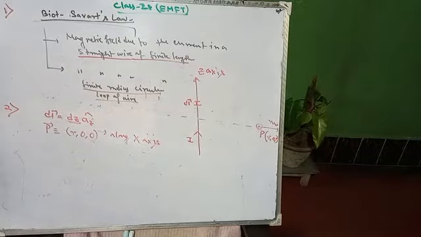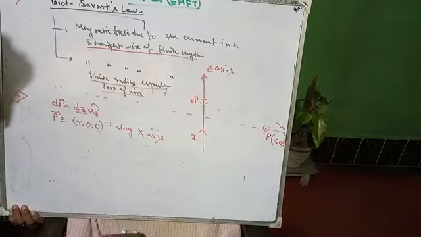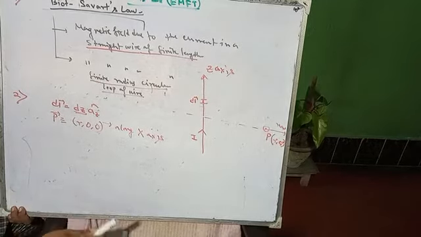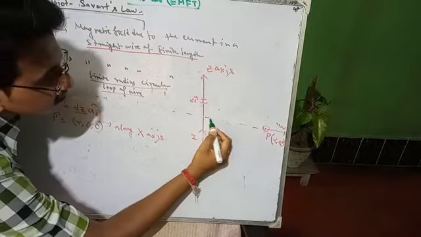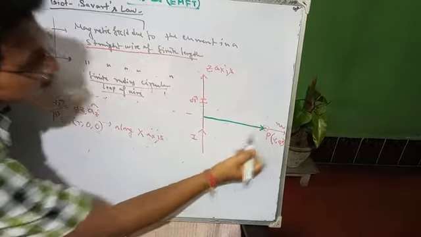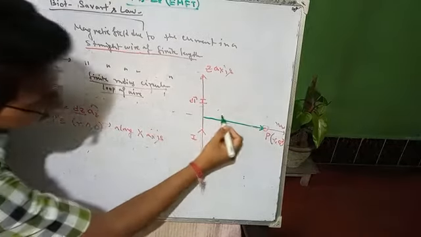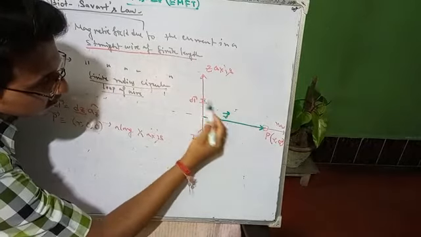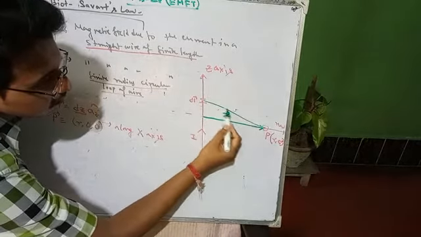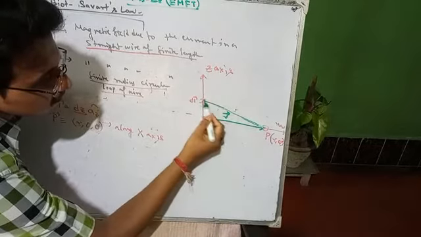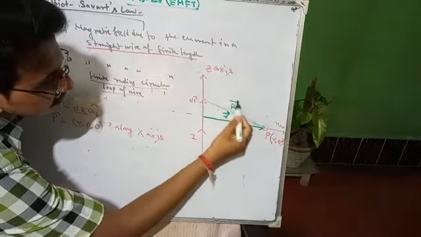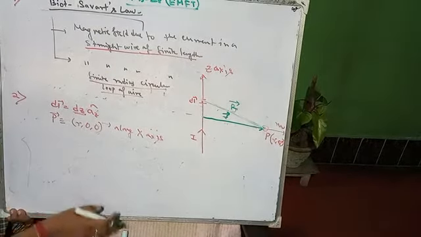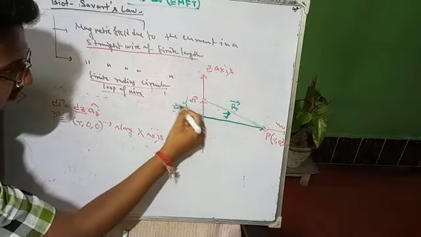Next, the relative position vector. This length is smaller r, and from this dl, this length is taken as capital R, and this amount is taken as z.